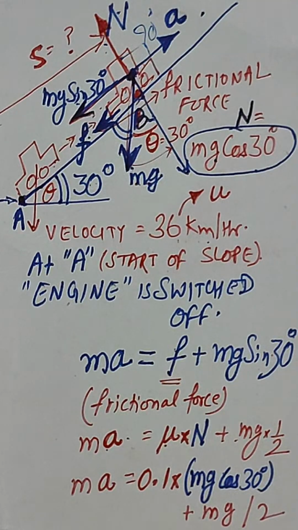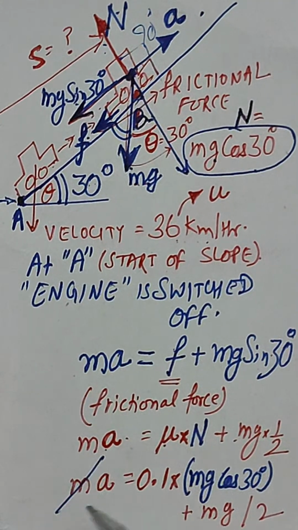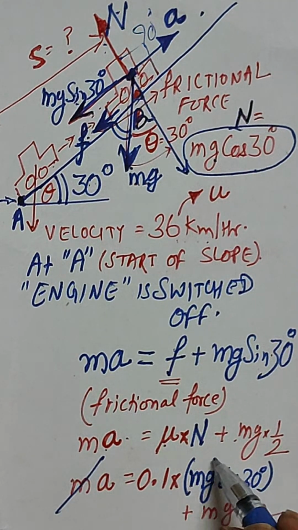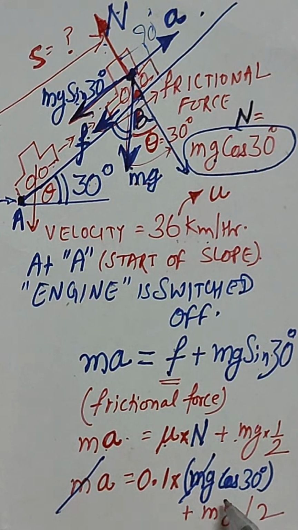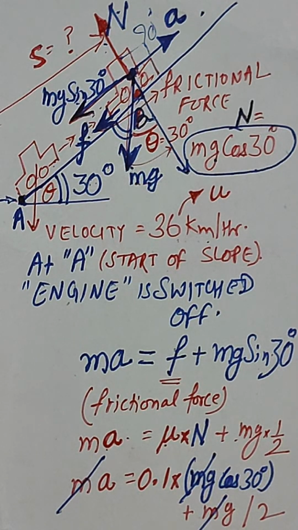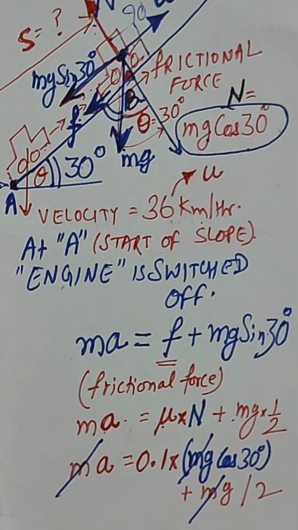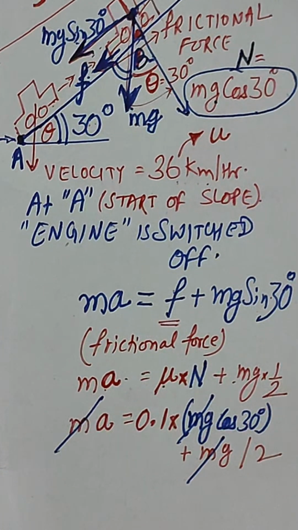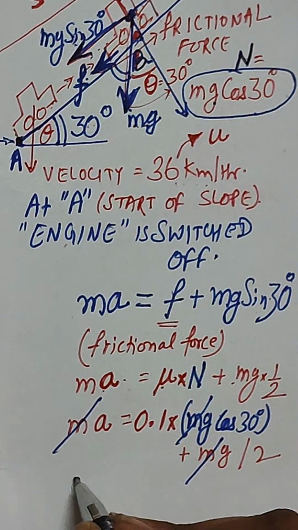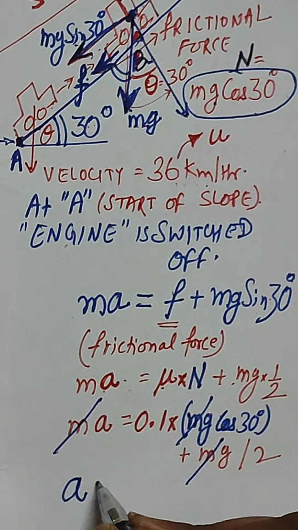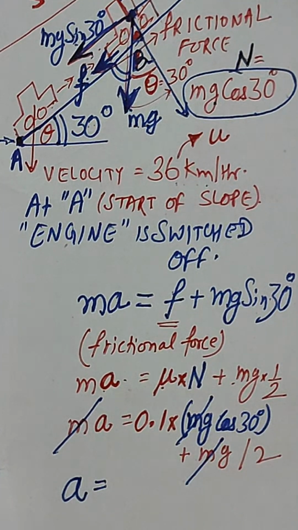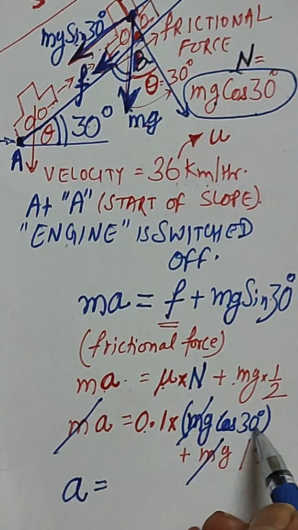So here you can see m of the LHS will be cancelling the m of the first component of the RHS and the m of the second component of the RHS, right? So we are left with the value of a, which is equal to 0.1 into cos 30 degree.